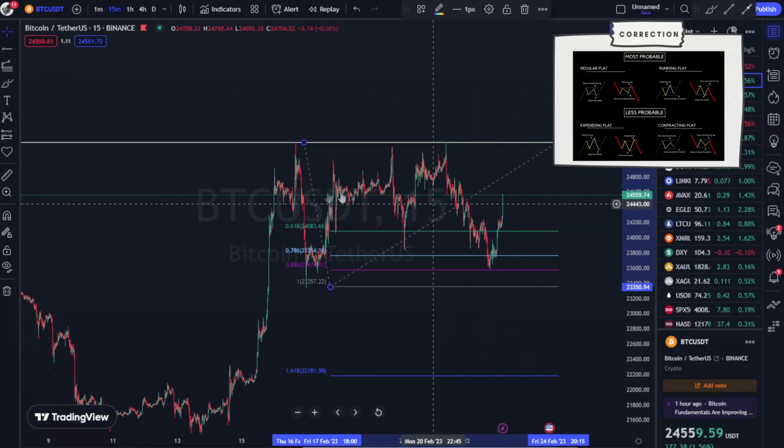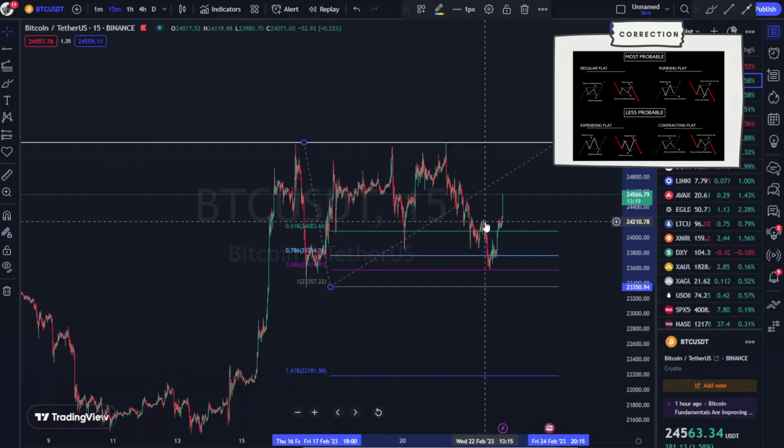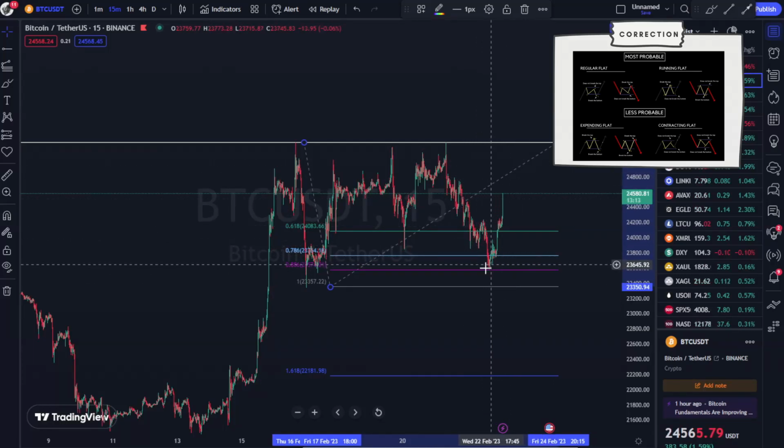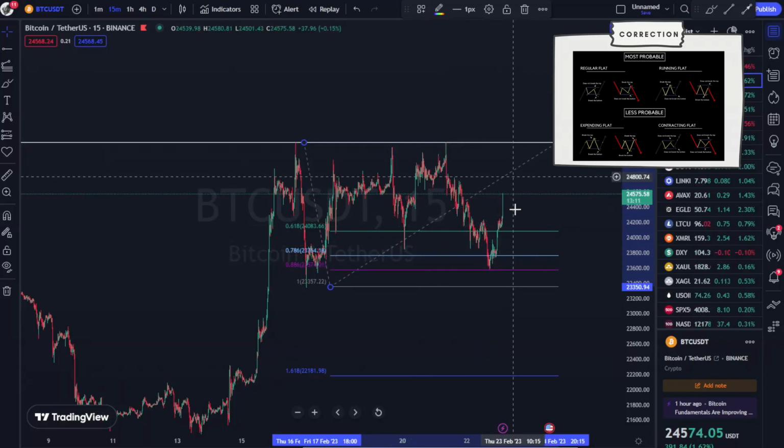This gives you the 0.886, which is almost a 90% retracement. Often you see the C wave bouncing off that point before going up and retesting the top.